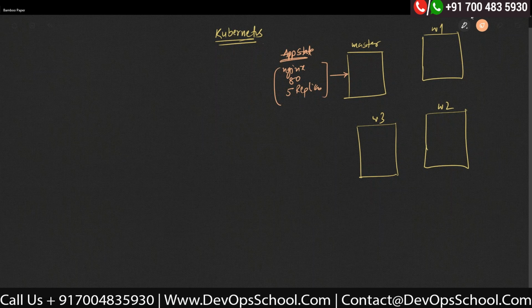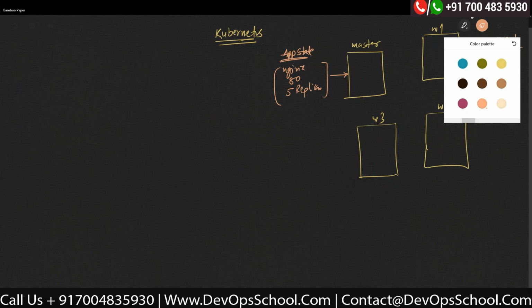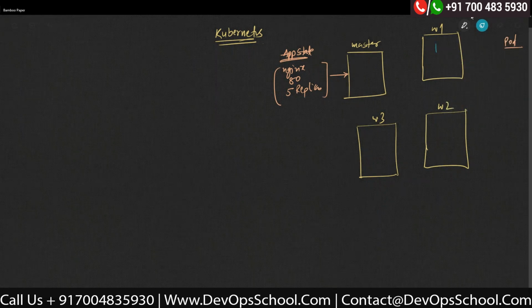In Kubernetes, the minimum or the smallest manageable deployable resource is called a pod. Okay, so what Kubernetes does is it runs 5 pods of those application configuration, whatever is provided by the user.